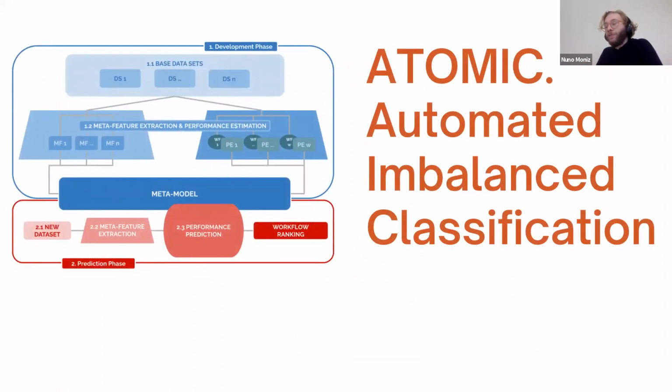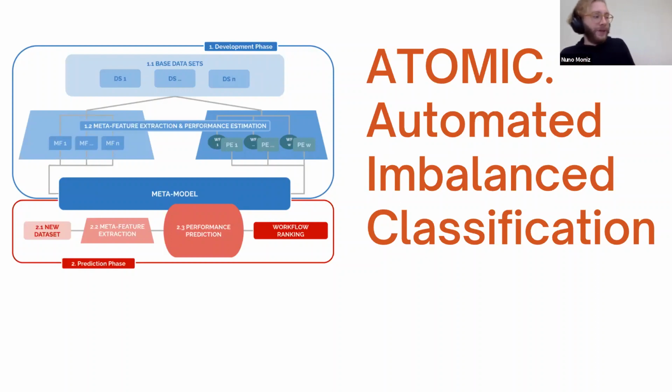And here what we propose is to leverage this idea of AutoML and meta-learning to create what we called ATOMIC, the automated imbalanced classification method. This has two phases. So the first phase, the development phase, is simple.